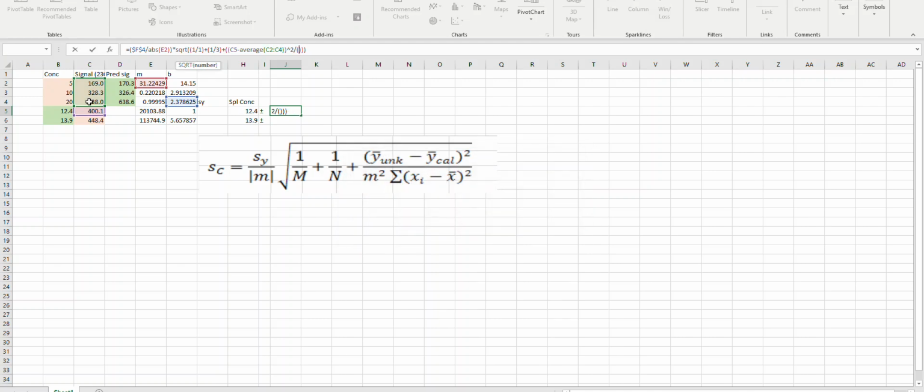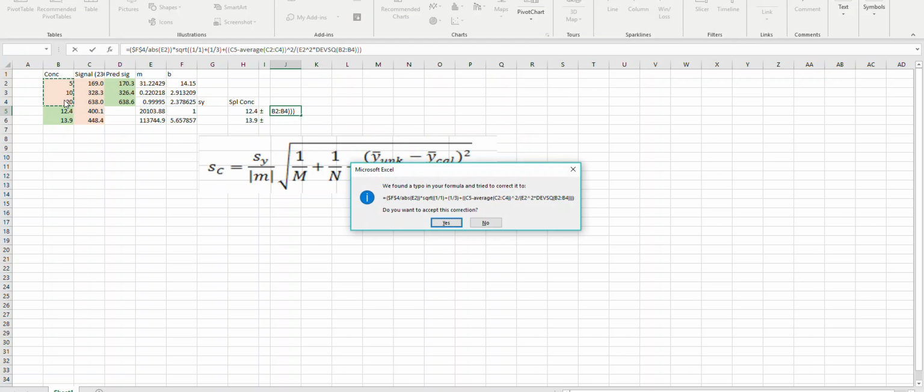And now the denominator here is going to be equal to M squared, so it'll be this guy here, M squared times this term here, which is equal to the dev square of X. Right? So that should work.